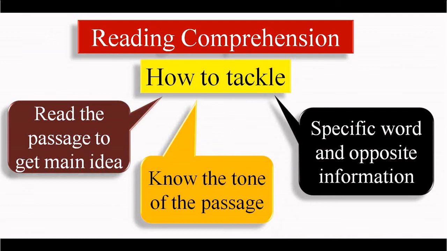Yet what should be ignored? Remember, if any option contains a specific word, it should be ignored. Also if an option contains opposite information, and opposite information can be understood after looking at the question and passage.